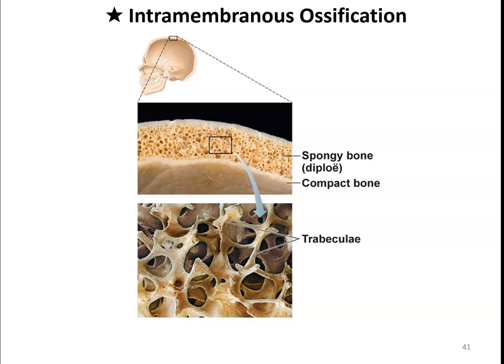cellular and molecular level that is way beyond this class. So we won't go into how intramembranous ossification works, just understand this is what you get. A flat bone with compact bone in 2 layers and spongy bone in between.